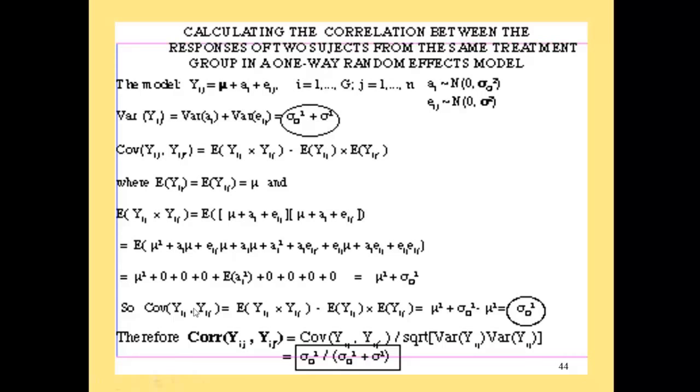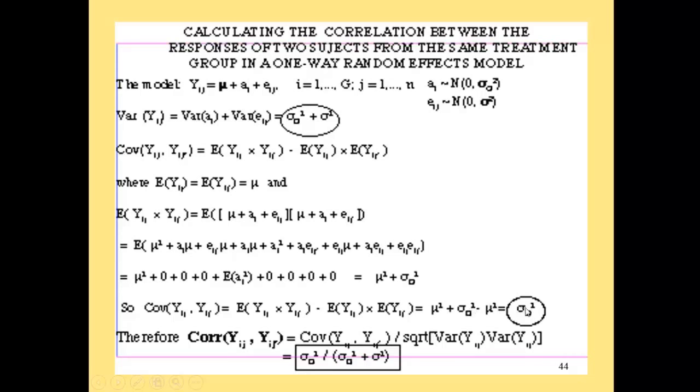So now, in the 8th line down here, we can figure out what the covariance is between two observations in the same cluster, Yij and Yij prime. Using this formula that we laid out up here, now we have all of the values for its constituent parts, and it turns out it's mu squared plus sigma 0 squared minus mu squared.